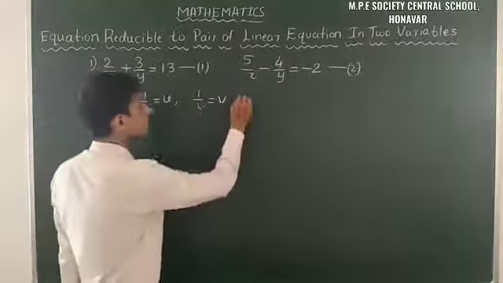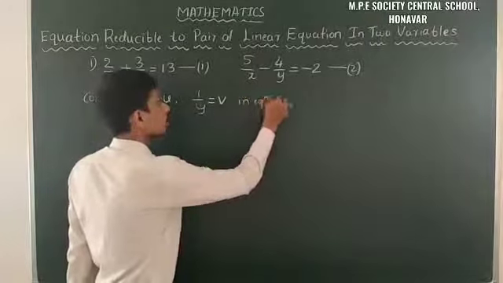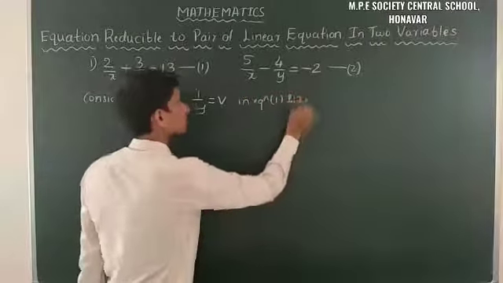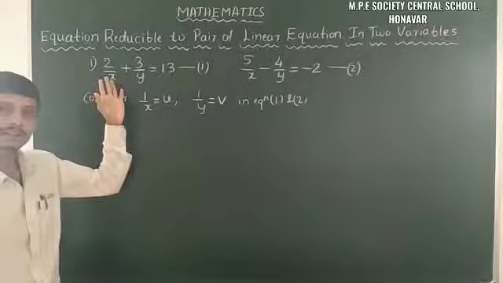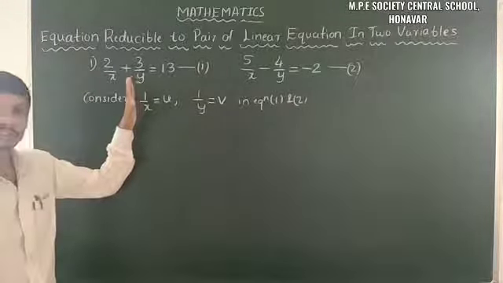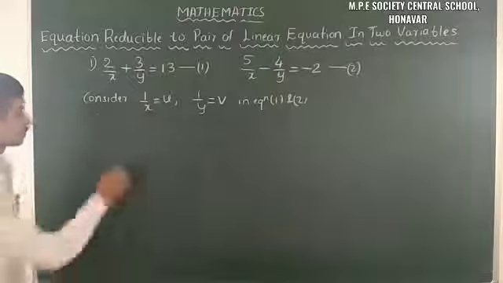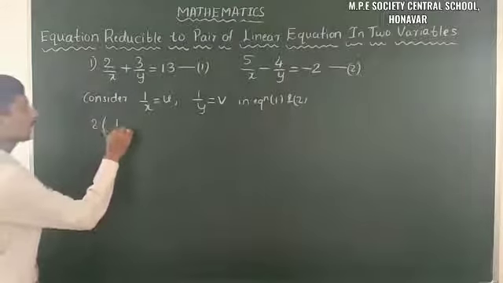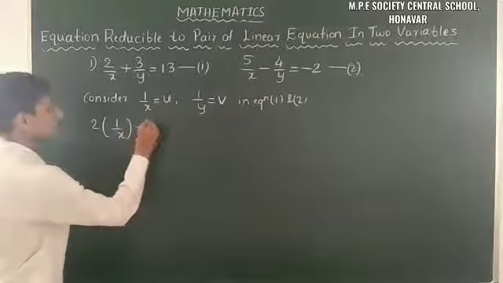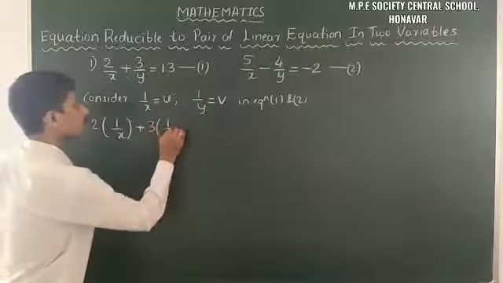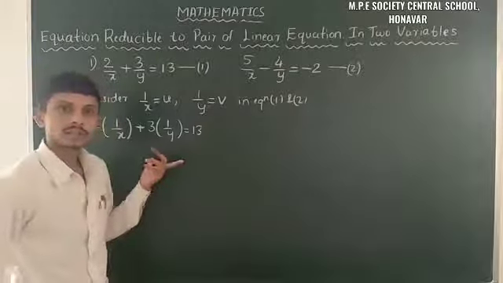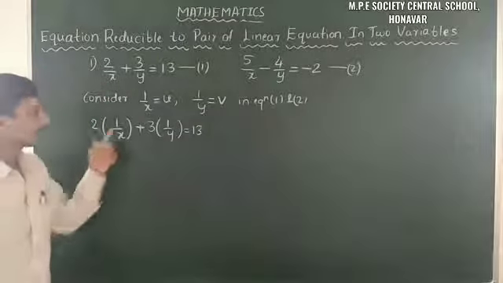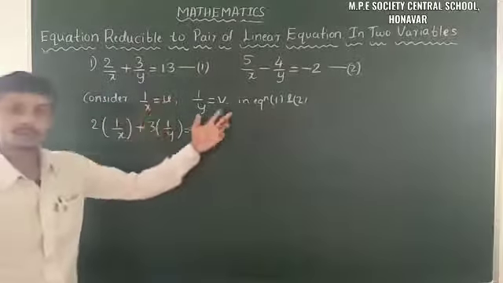Just observe here, I will convert these equations into the standard form. So 2 into 1 by x plus 3 into 1 by y is equal to 30. This is equation number 1. I will take 1 by x is equal to u, 1 by y is equal to v.